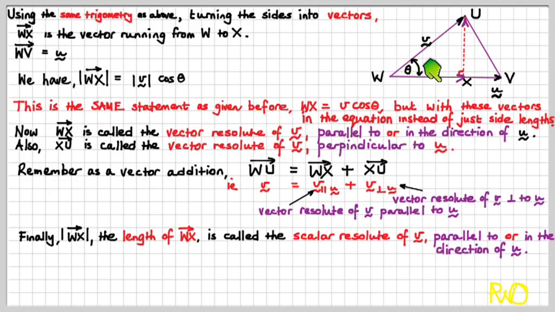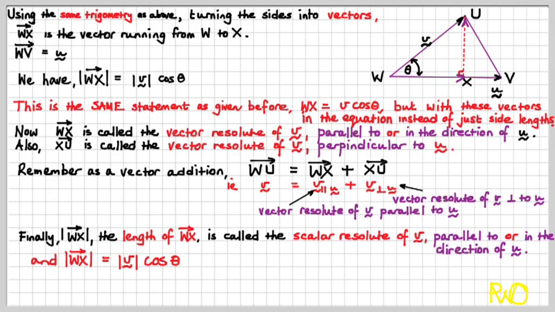But it's just a length, so it's called the scalar resolute of v, parallel to or in the direction of u. Okay, so you get that? And of course we know that the length of wx is, as we've established before, equal to the magnitude of vector v times cos theta. Okay, now how's that?